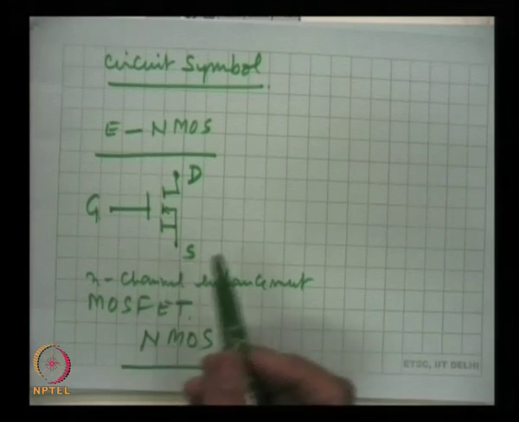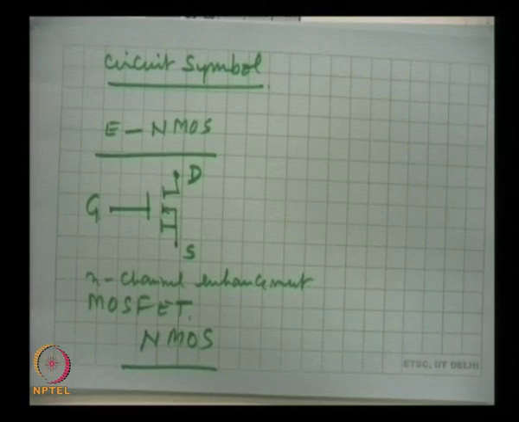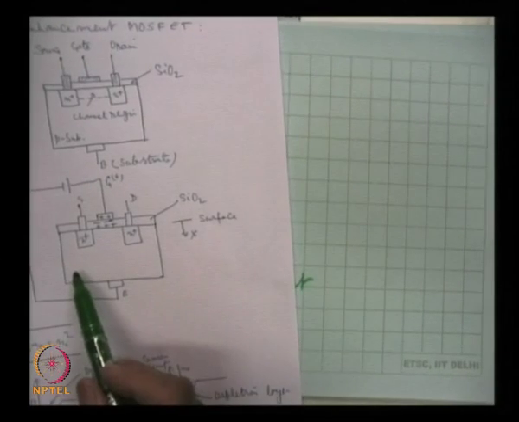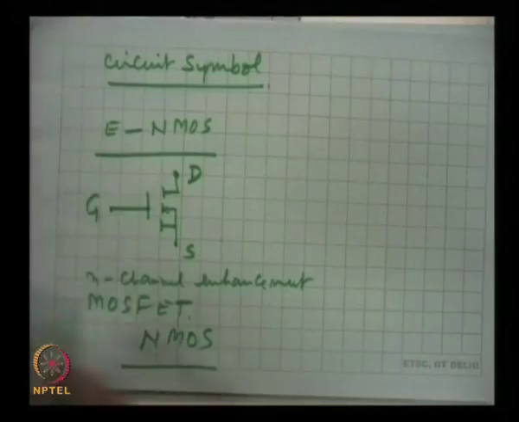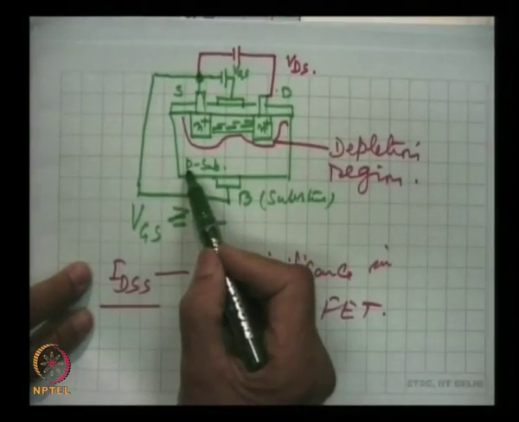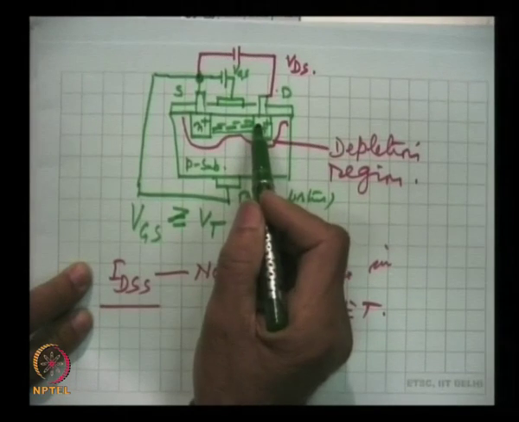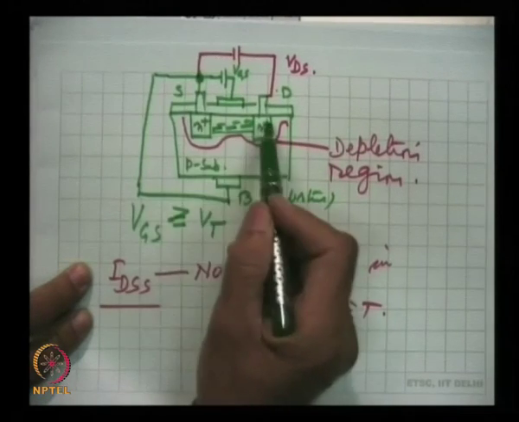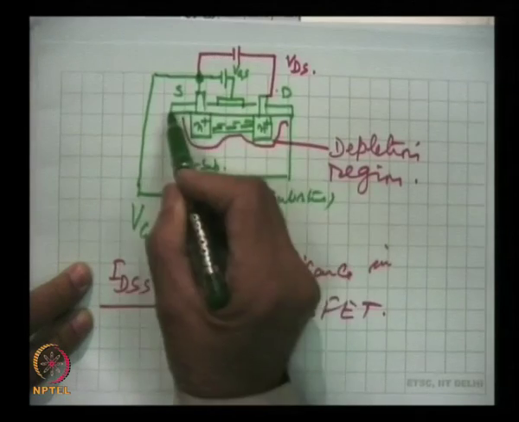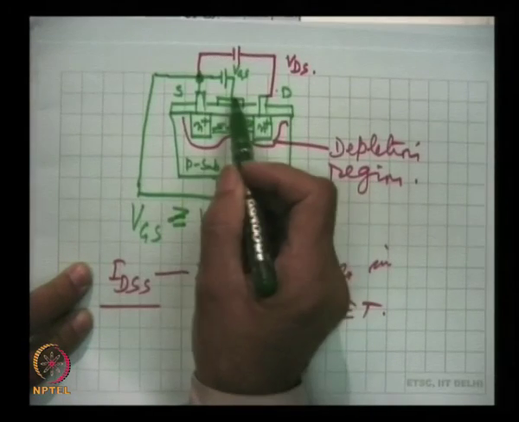For the p type, we will have to use an n substrate here, n substrate heavily doped to p regions. They will form source and drain and is insulating layer, and then an electrode.